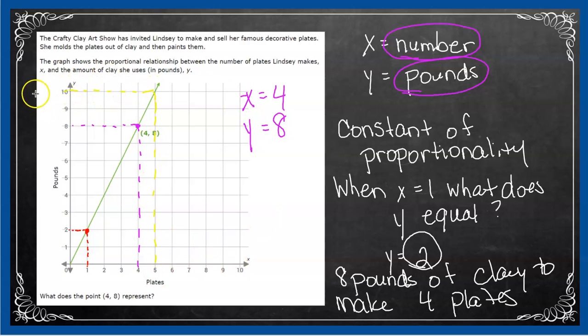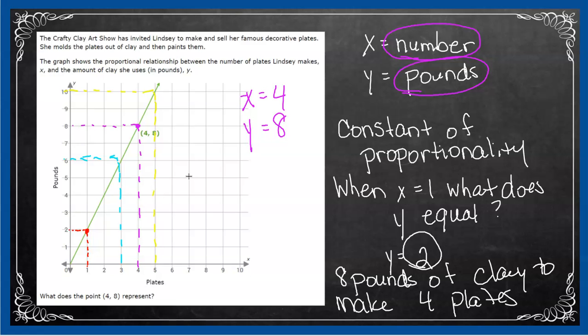So 5 times 2 is 10. So anywhere we would look on this graph, if she makes 3 plates, it should be 6 pounds, shouldn't it? And yes, that does line up with 6 on that y-axis. So anything we looked at down here, we should be multiplying it times 2. We don't have where it lines up with that 6, but we know it would be 12, because 6 times 2 is 12.